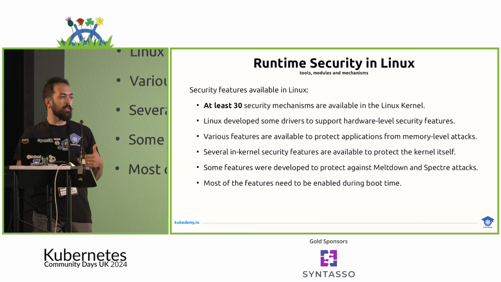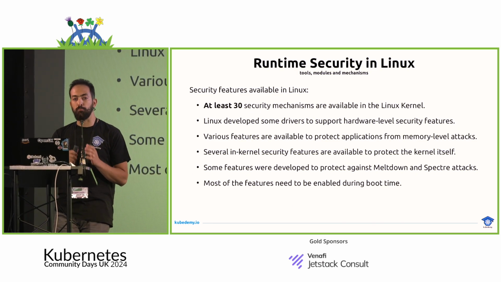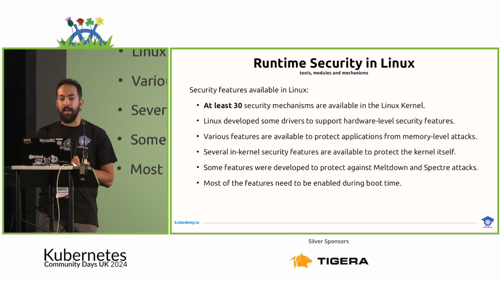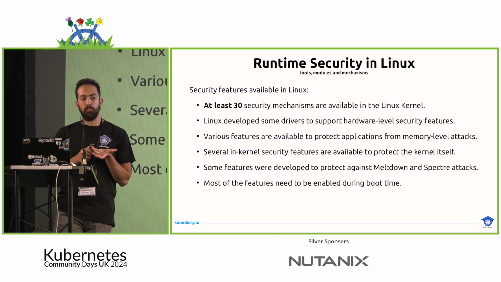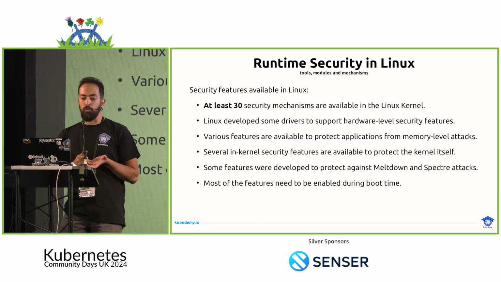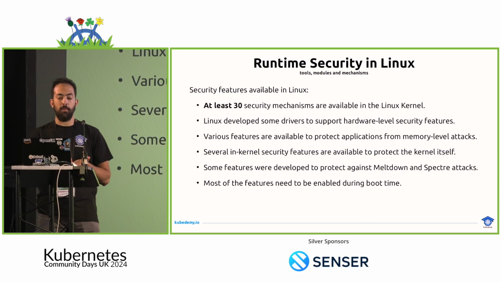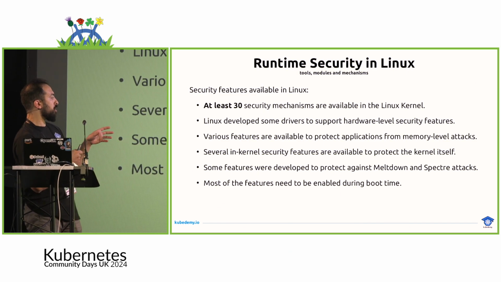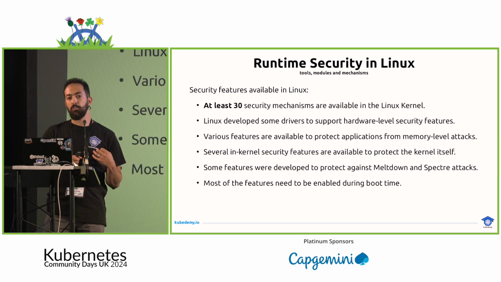The Linux kernel also has drivers to support hardware-level security, as well as security layers to protect against memory-level attacks, like preventing Meltdown and Spectre attacks. And some of them need to be enabled during boot time.